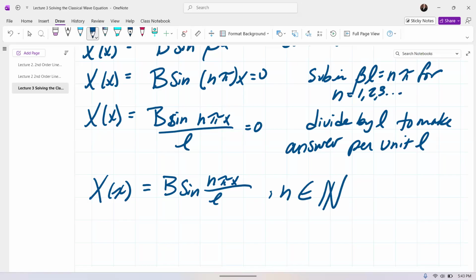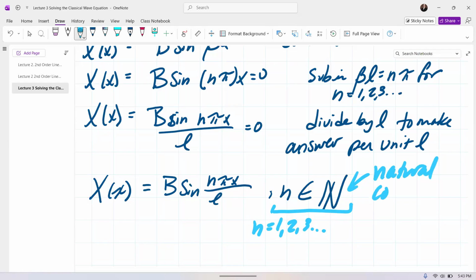This stands for natural counting numbers. This here means 'in'. So this is just fancy math notation for that. But this then gives us our solved positional part of the equation.